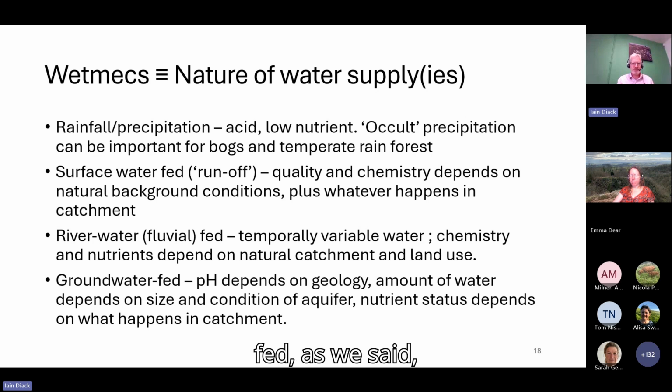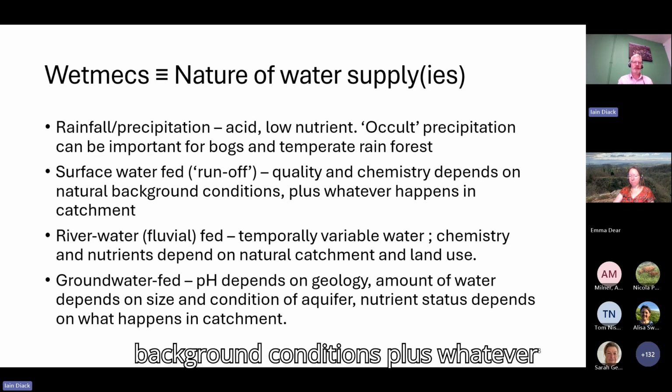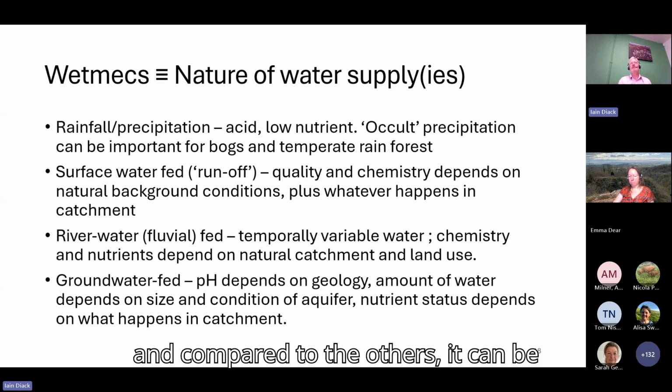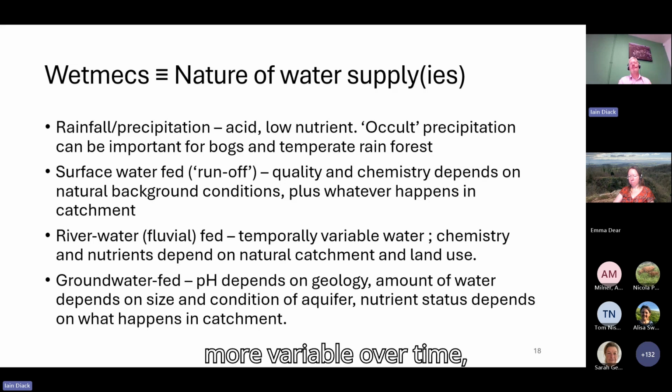Surface water fed, as we said, that's runoff essentially. Quality and chemistry depends on the natural background conditions plus whatever happens upstream in the catchment. River fed, fluvial fed, obviously largely in floodplains, and compared to the others, it can be more variable over time, periods of a glut and drought.